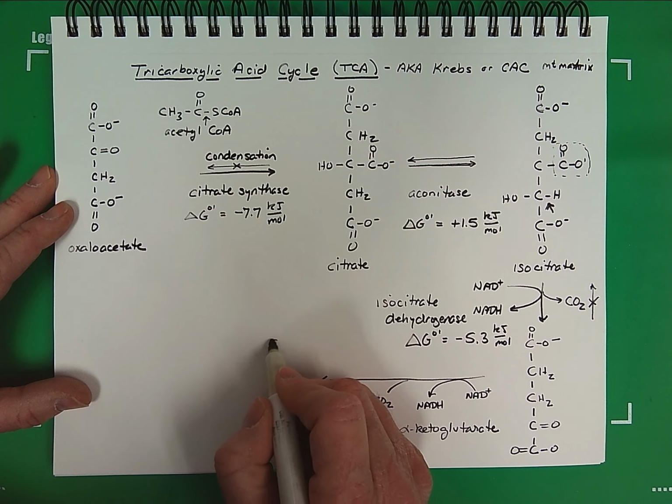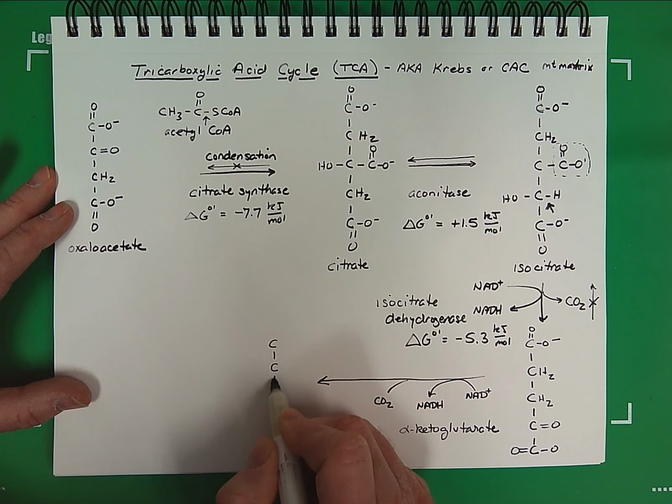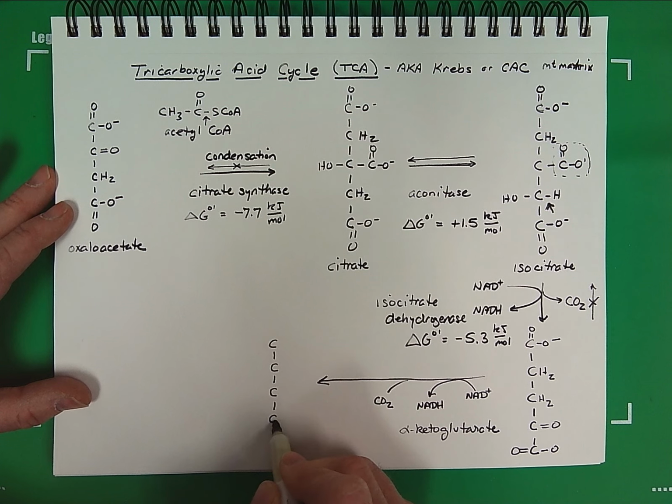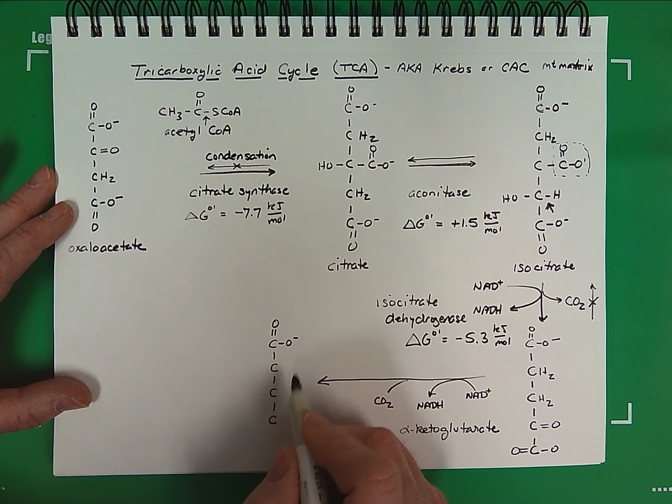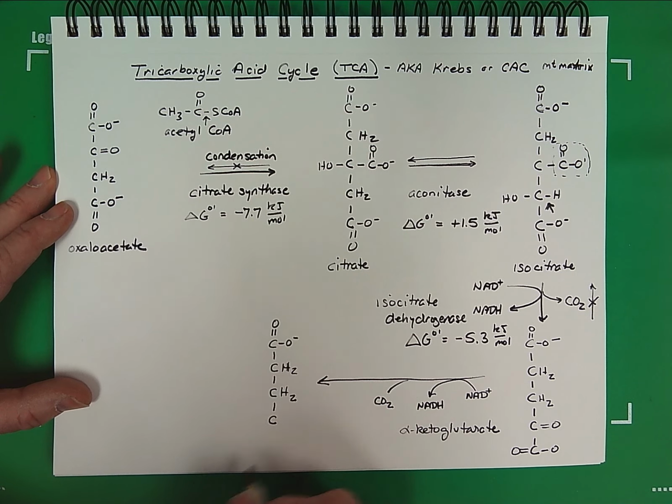What we will form, because we're losing a carbon, is a 4-carbon intermediate. Now on this carbon, which is a carbonyl, we will have bound to it a succinyl, an acetyl-CoA.